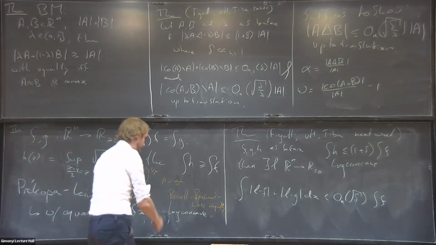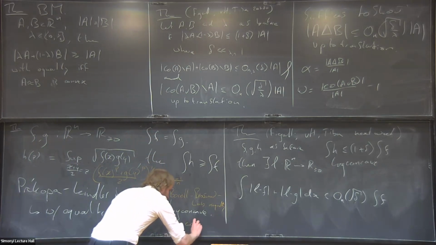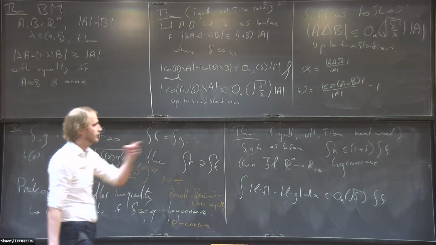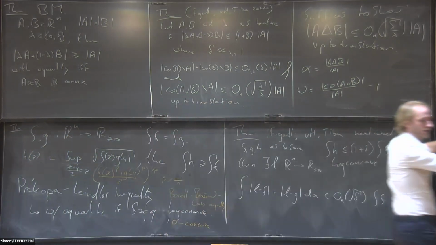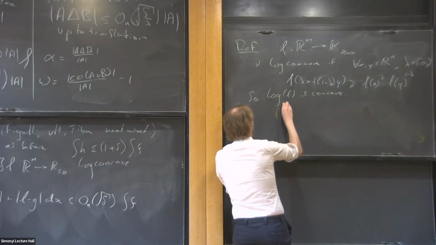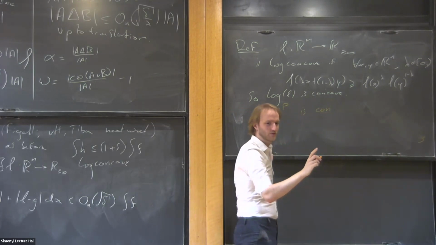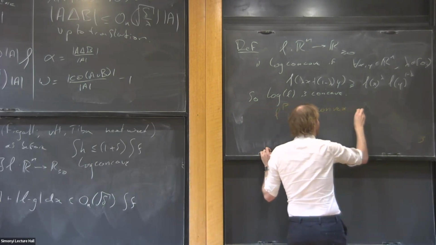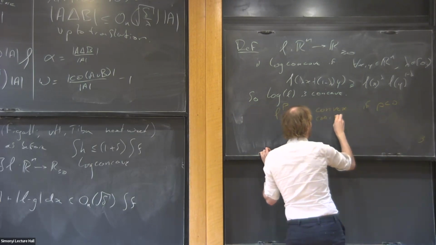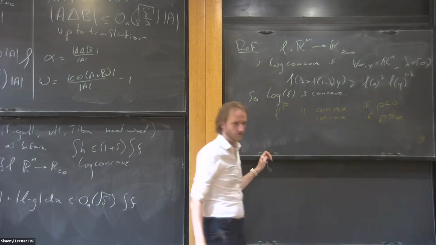In a way, it will be similar to log-concave, something that I will call p-concave. Where here we said log of L is concave, here we're going to say L to the power p is, and here comes a little catch, convex if p is smaller than 0, and concave if p is greater than 0.